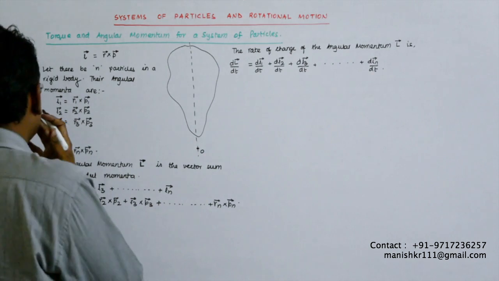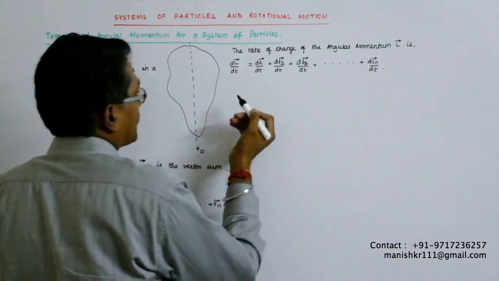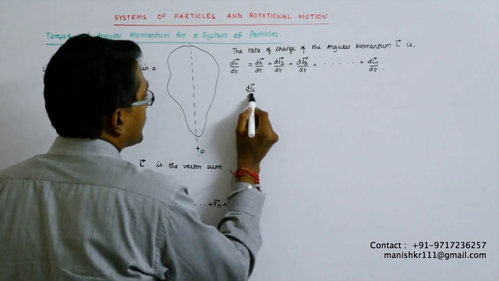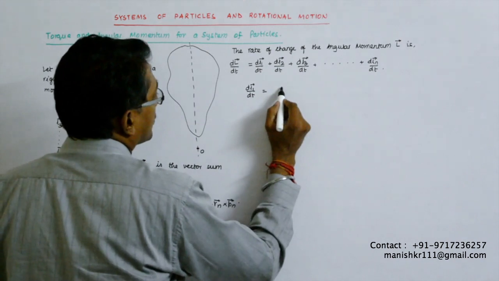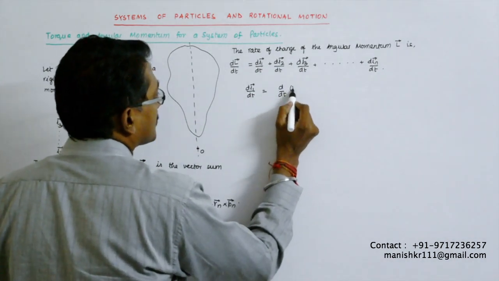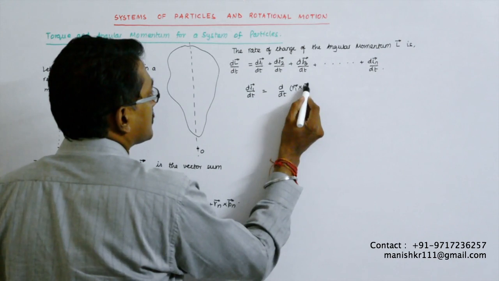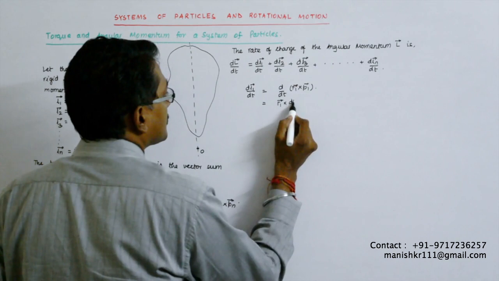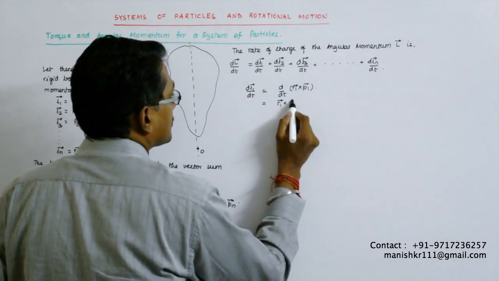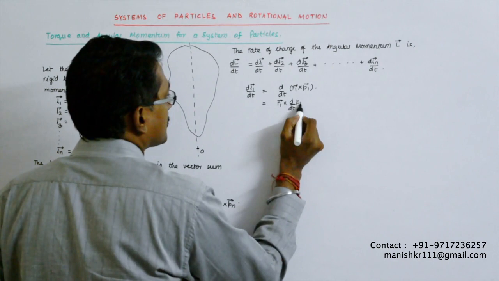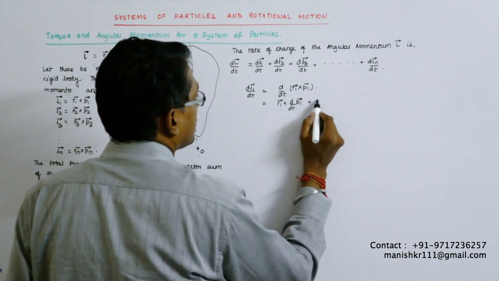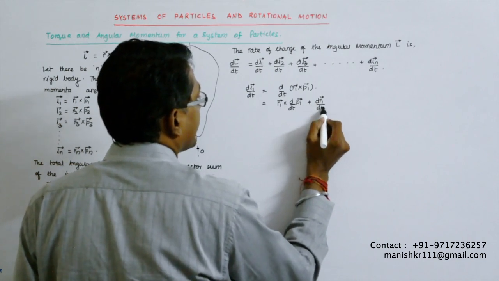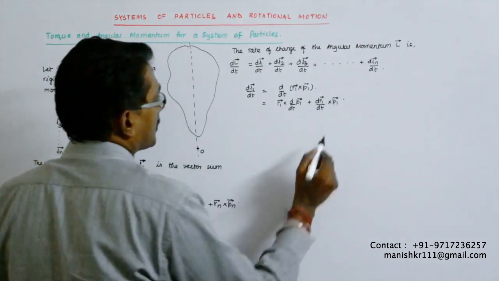And what is this? dL1 upon dt, we had found out, is equal to d/dt of r1 cross p1, which is nothing but r1 cross dp1 by dt plus dr1 by dt cross p1, correct?